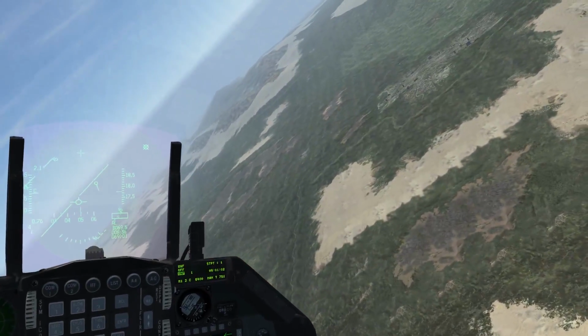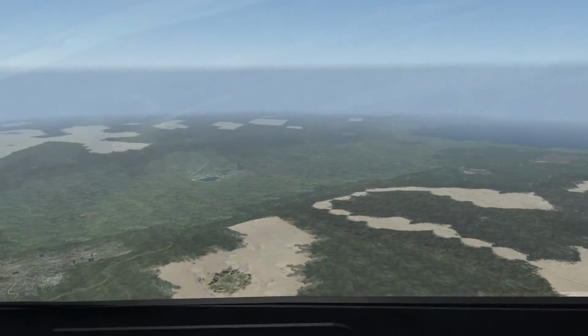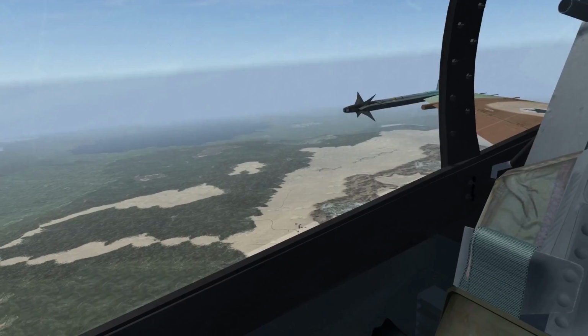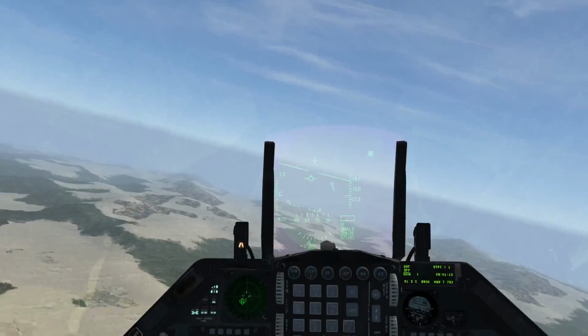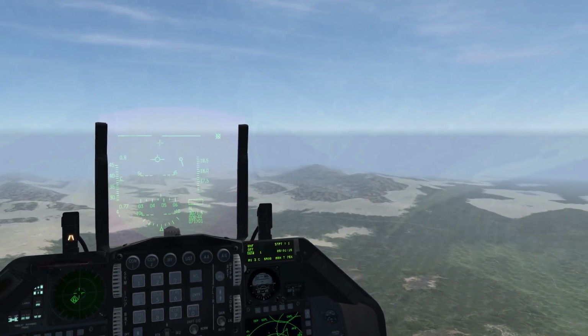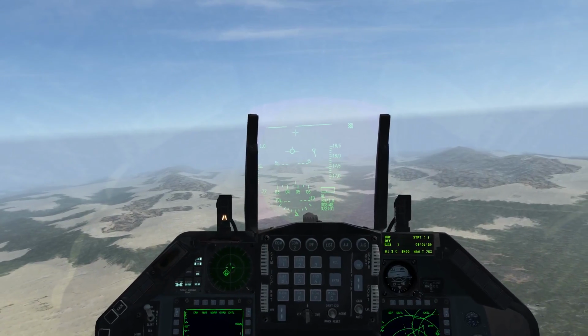I just want to look around so we can see where we are. The Hula Valley, Upper Galilee, Lebanon on my left, and now we're entering the Bekka Valley, the southwestern terminus of the Bekka Valley.